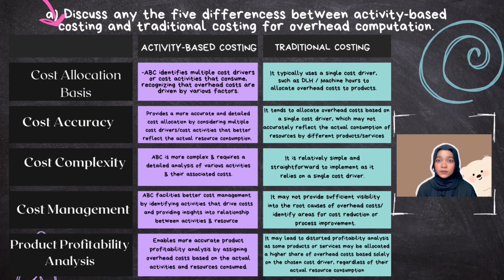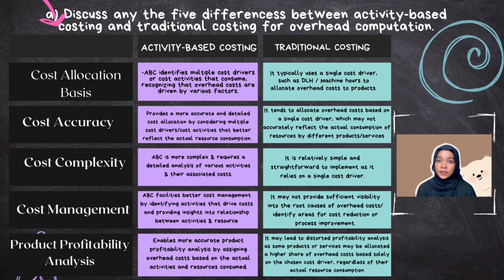Last but not least is product profitability analysis. Activity-based costing enables more accurate product profitability analysis by assigning overhead costs based on the actual activities and resources consumed. It allows business to determine the profitability of individual products or services more precisely, leading to better pricing and resource allocation decisions.